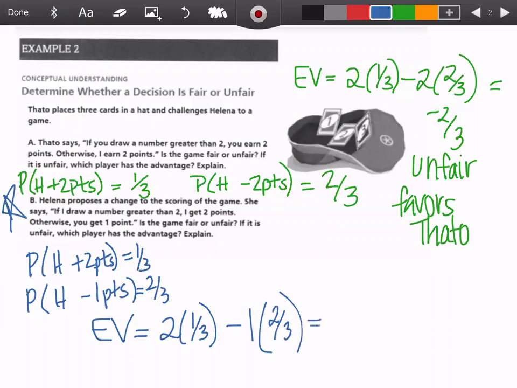Simplifying this, we get 0. So in this case, it is fair. When the expected value of a game is 0, the game is fair for both players. So now you guys can try the lesson check on your own.